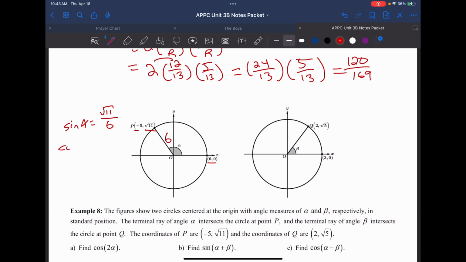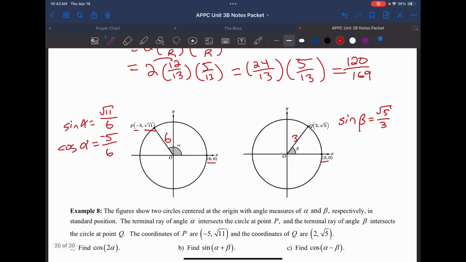And then cosine of alpha is -5 over 6. Okay, same thing over here. Sine of beta is square root of 5 over 3. And cosine is x over r, so 2 over 3.